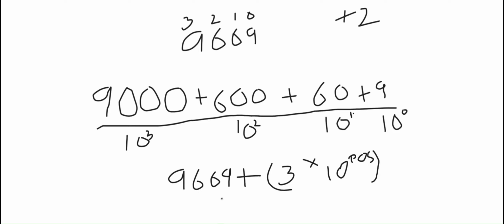So if we add 300, so it will be 3 into 100, and if we add it over here, then it means that this 6 will turn into 9.